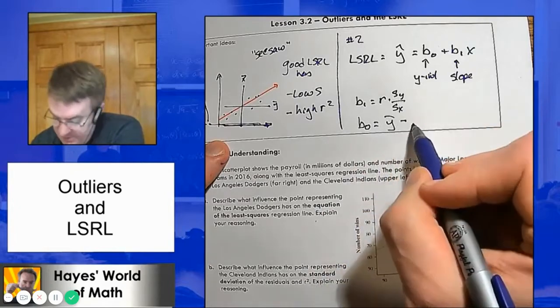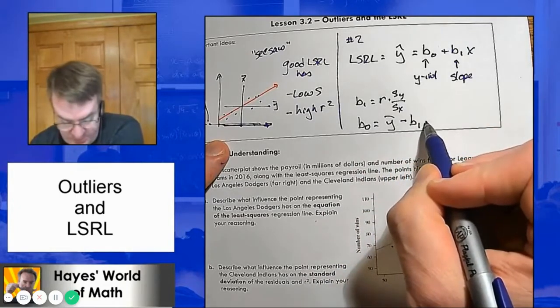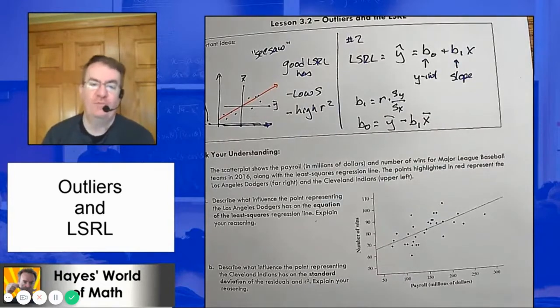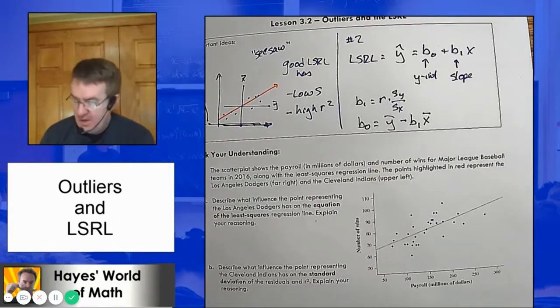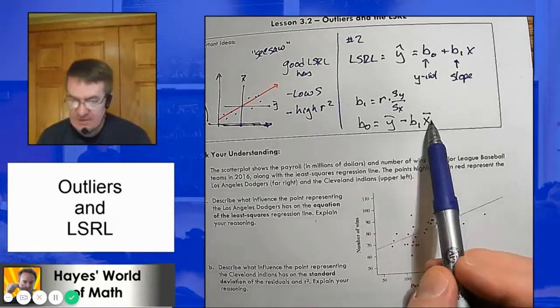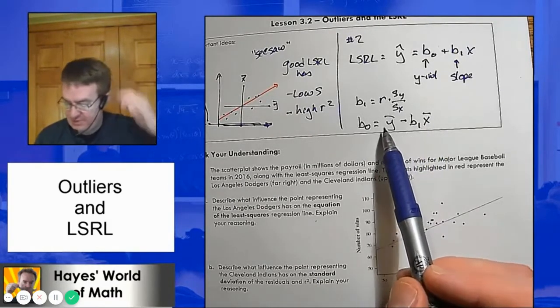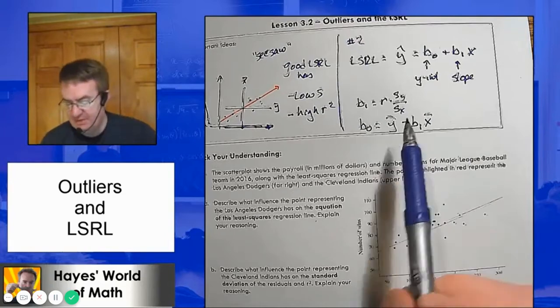And then for your initial starting spot, you're going to take the slope and modify it by the point X bar, Y bar. You're effectively plugging it into point slope form, and then it's going to back itself out.